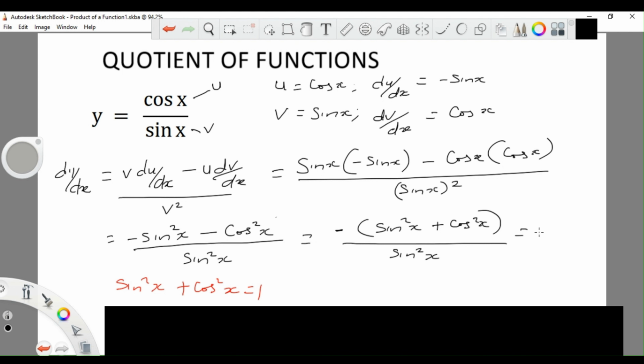So therefore, this is negative 1 over sine squared x. Again, in your trigonometry, 1 over sine squared x will give us cosec squared x. So therefore, negative 1 over sine x squared becomes negative cosec squared x. So this is our final answer, negative cosec squared x.